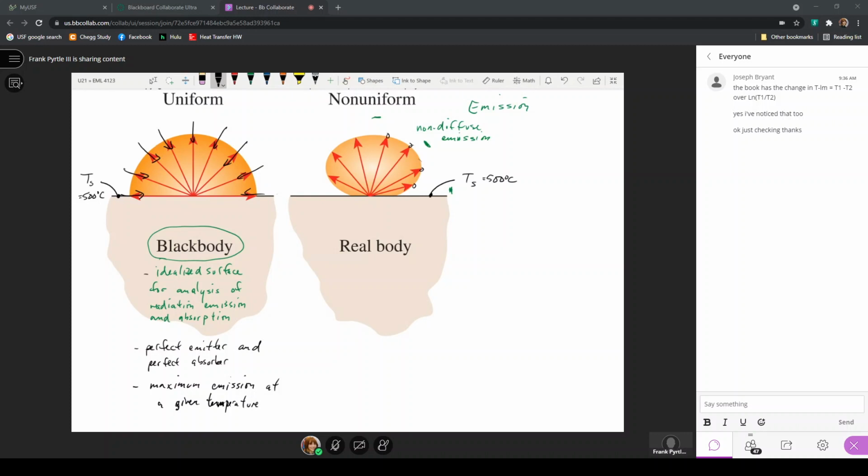It's an idealized surface. The real surfaces are not perfect absorbers, but for particular wavelength ranges, some surfaces can approach becoming perfect. And you see this if you ever go to the movies, or if you've ever been in someone's home who has a home theater, or if you ever took the time to notice in a classroom, when the white screen is pulled down, there's a black edge around it.